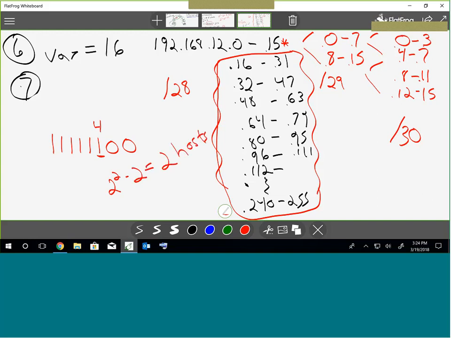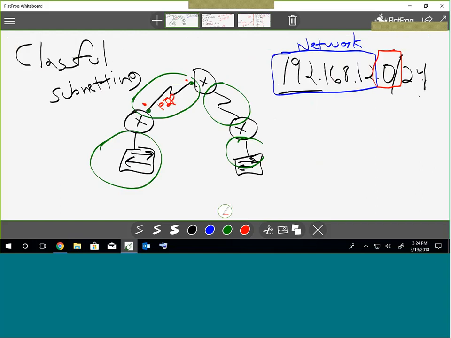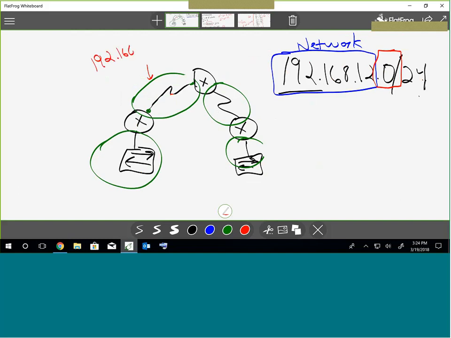So guess what we can do now? Now we can jump back over here and say, I'm not going to waste all those addresses. Because we're now no longer doing classical subnetting, this subnet is going to be 192.168.12.0/30. This will be .1.